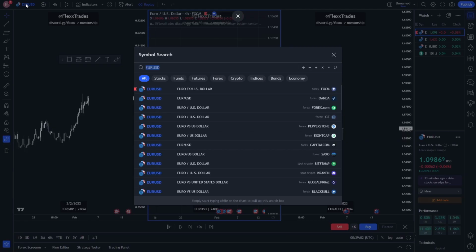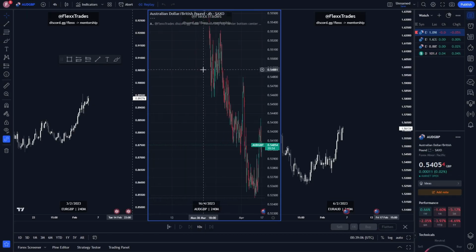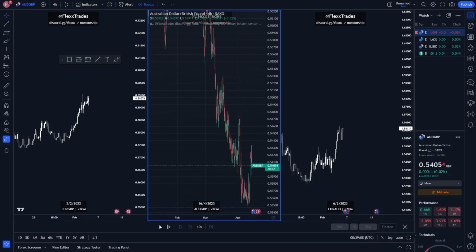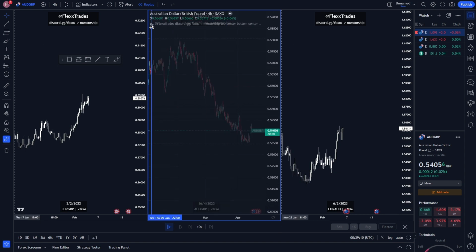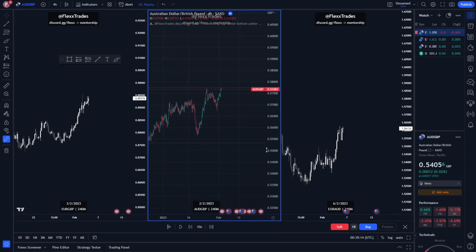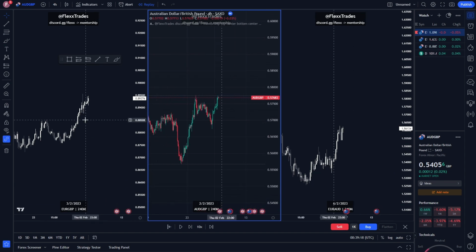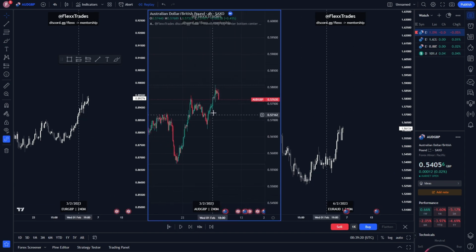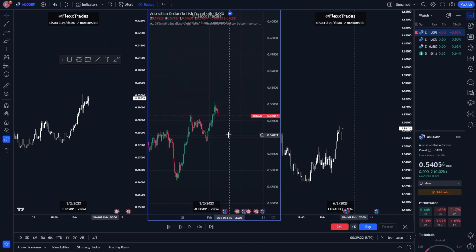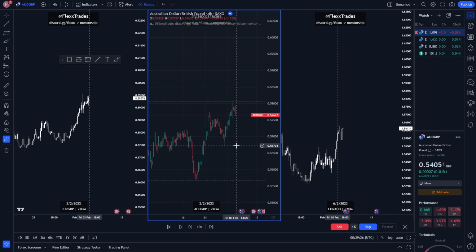So what do we look at? AUD and GBP at this point, because we're not interested in sells on EU, since EU is stronger than all those pairs. So what do we see? We see that the AUD is stronger than the pound at this point, meaning we're better off shorting the pound, because the Australian dollar and the euro are both stronger than the pound, meaning the pound is weak.